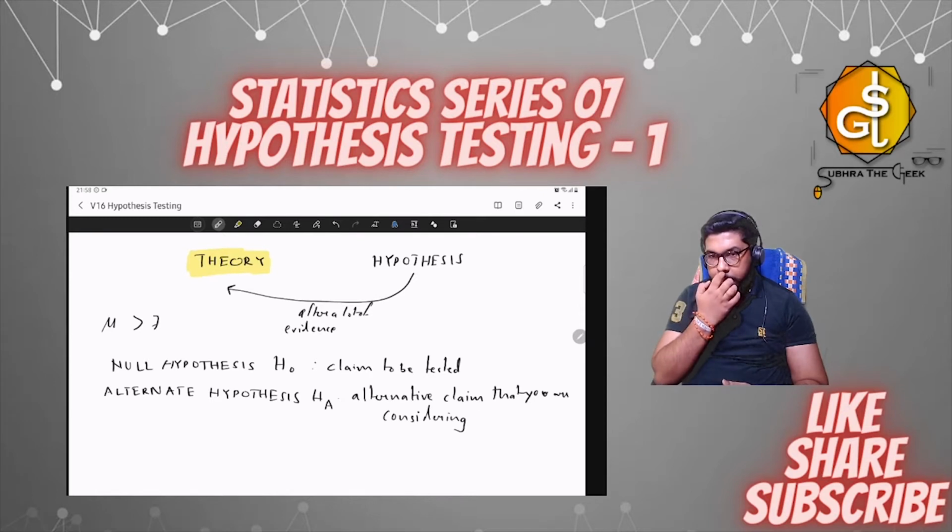That's your alternate hypothesis. It's as simple as that, and it doesn't need to be more complicated than that. The alternative hypothesis is always the complement of your null hypothesis. It's generally the opposite side of what your null hypothesis is.